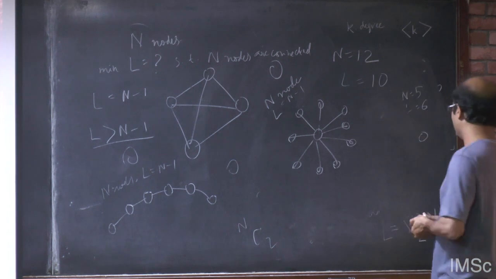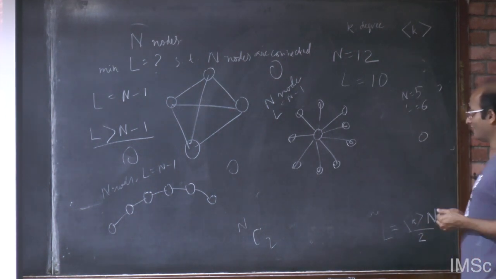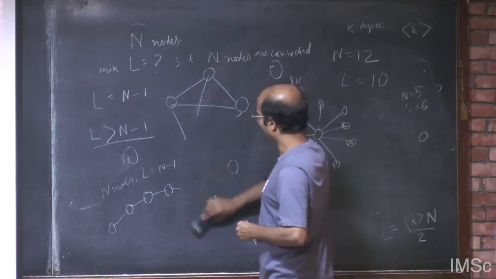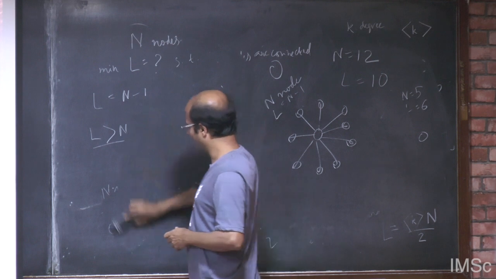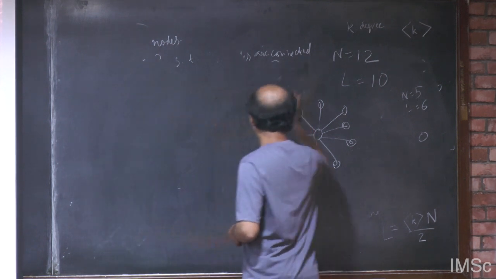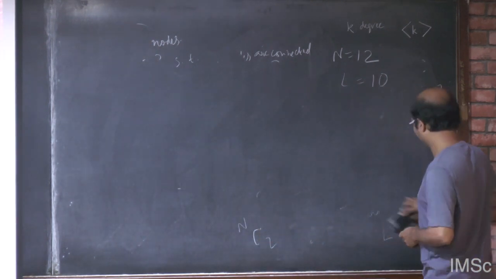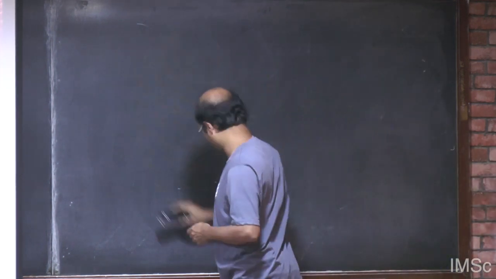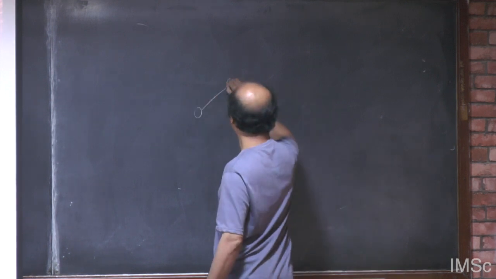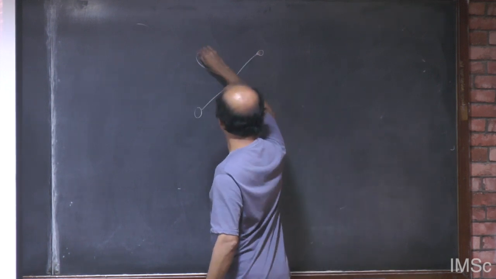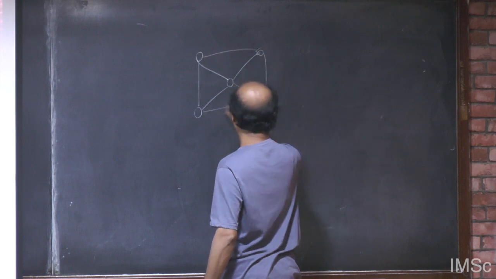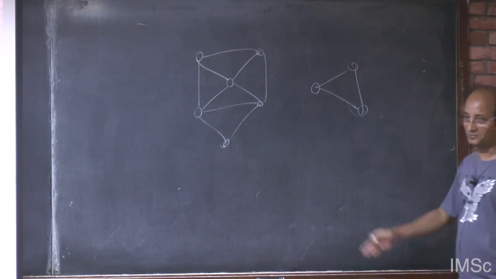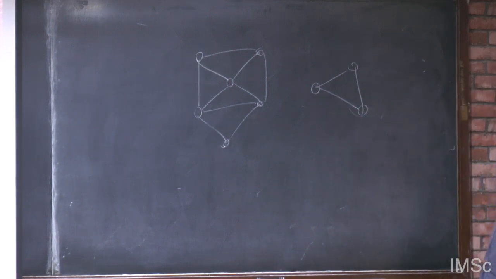Okay, so the specific question you asked, about why we look at this largest connected component, is because if I want to ask questions like what's the average path length of the network, and I have a network which looks like this, so suppose I am asking what's the average path length of such a system.